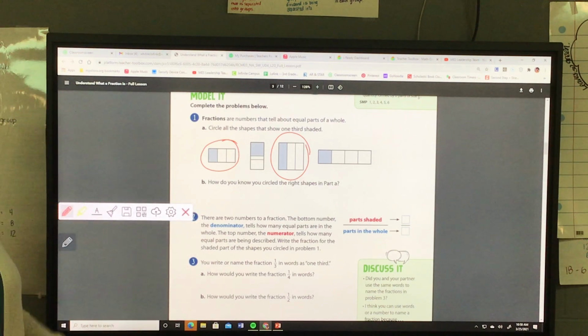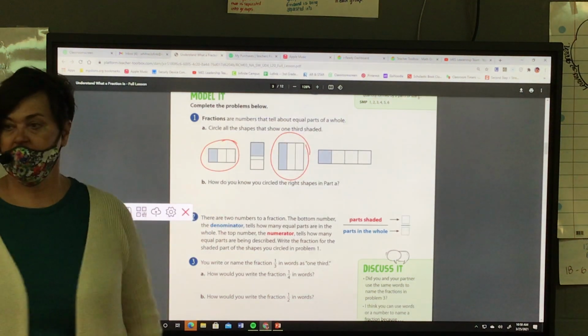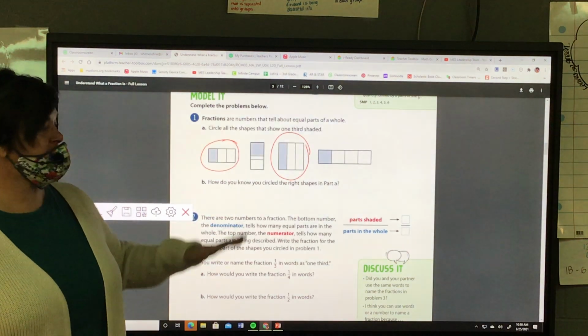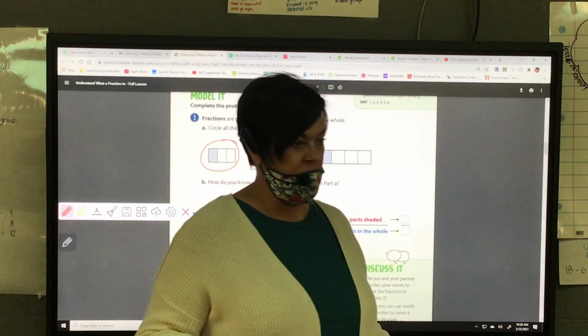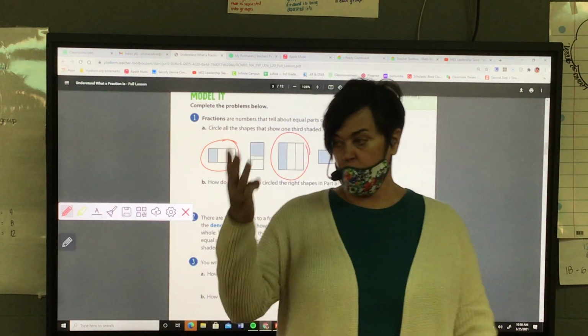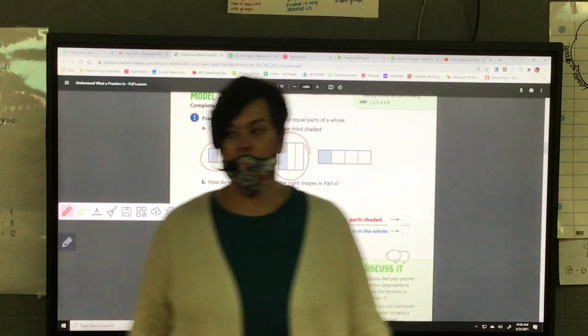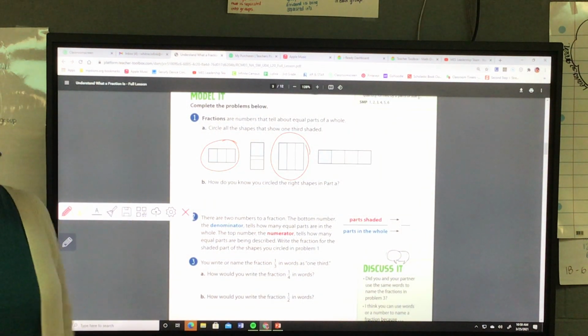So how do we know that we circled the right shapes in part A? Because all of the parts are equal. There are 3 equal parts, and each one has how many shaded? 1 shaded.